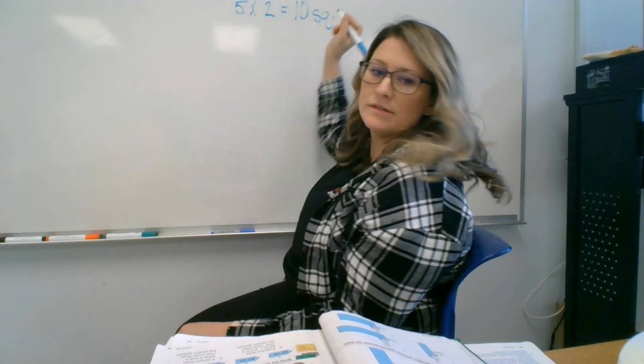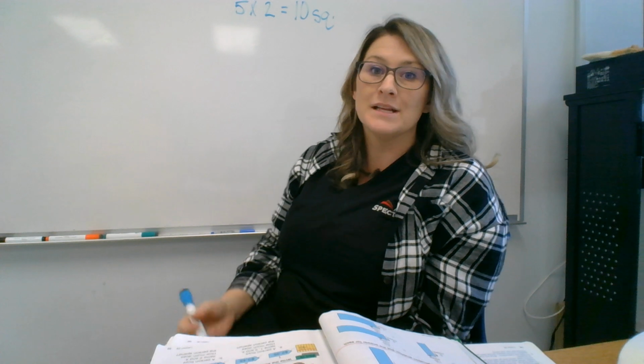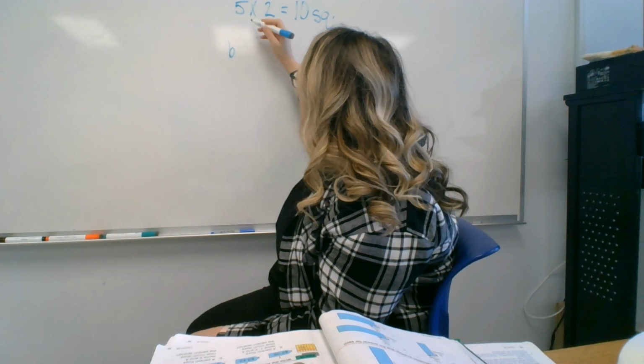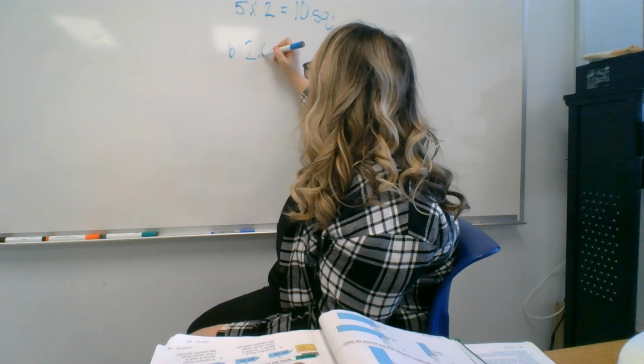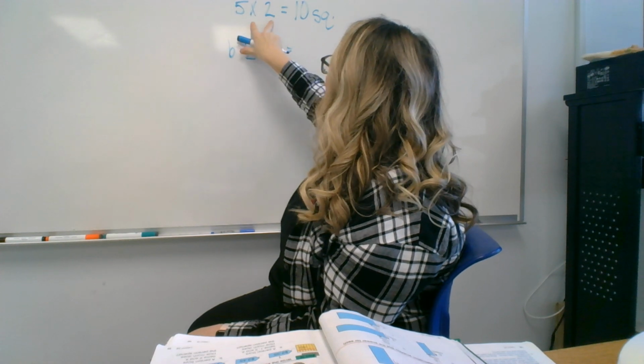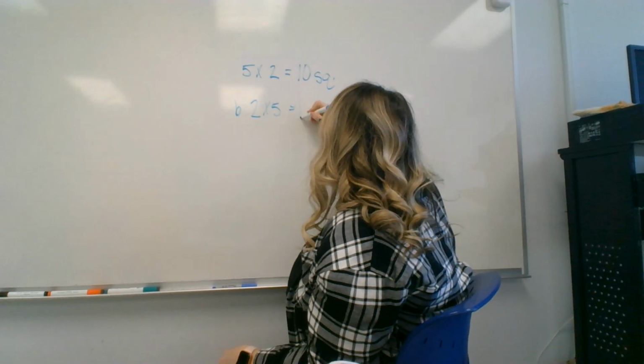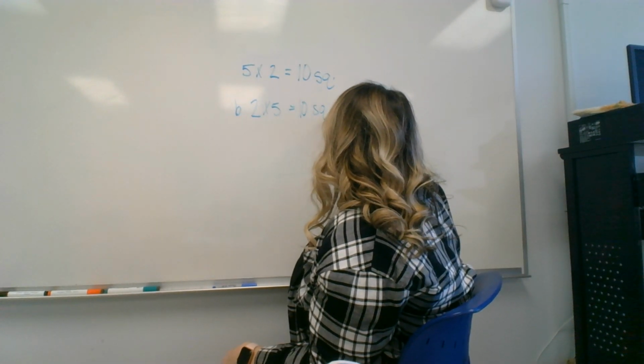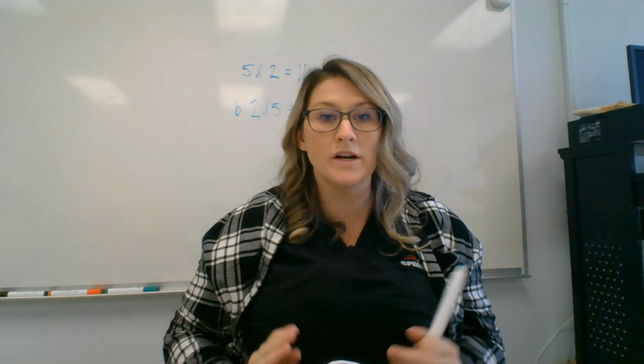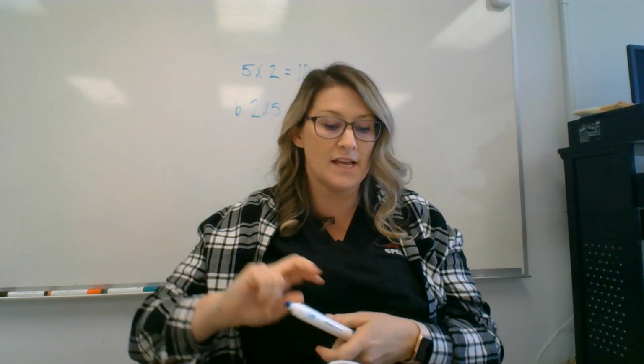So SQ. And B is just the same, but B is 2 times 5. The same numbers, just like our number families we did a little bit ago. Okay, 2 times 5 is also 10 square units. So those are the same pictures. One is just standing straight up and one is laying on the side, okay?